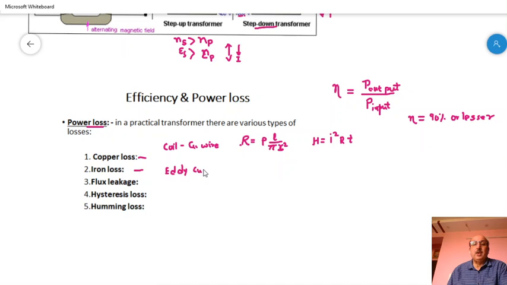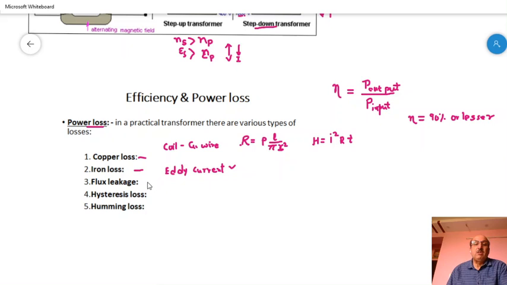So because of the eddy current, the laminated cores produce heat again, and that is called iron loss because of eddy current. To reduce the eddy losses, we use laminated iron sheets.